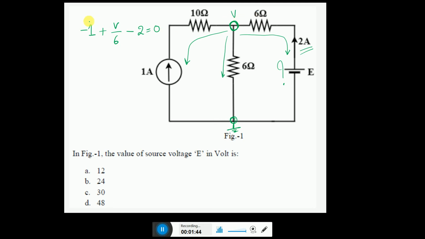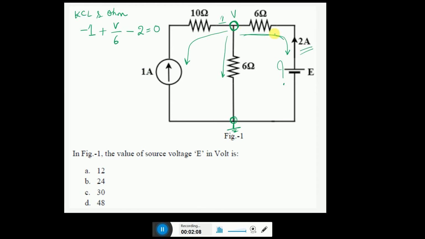So you are applying KCL and Ohm's law at node 1, and you are finding out the value of the voltage over here. Like that you can calculate the value of V. Once V is known, you can get another equation here.